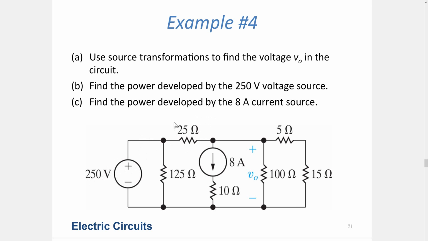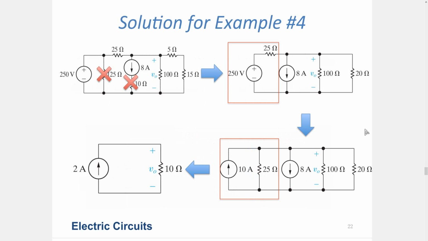These are series connected, so I can convert them into a current source if I want. Or I can convert this 8 amps in parallel with 100 ohms into a voltage source in series with the same resistor. This is an interesting result, but it works in theory and practice, obviously.